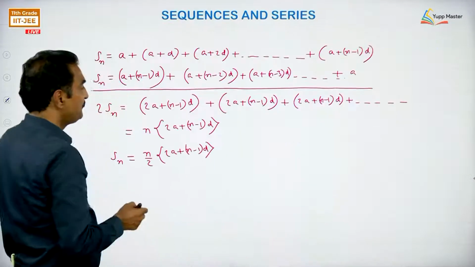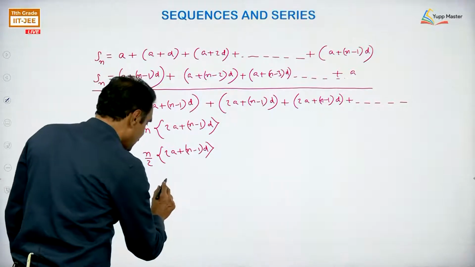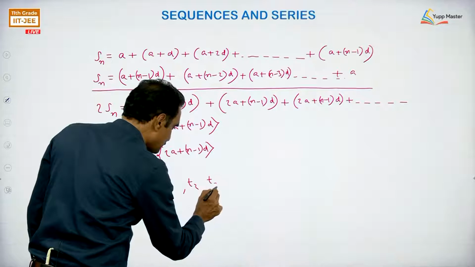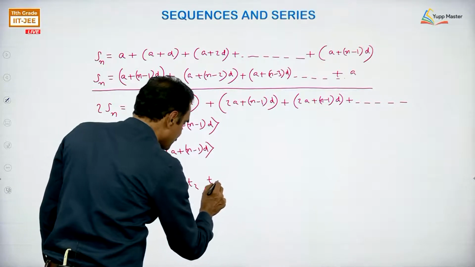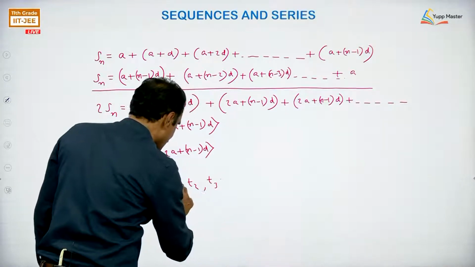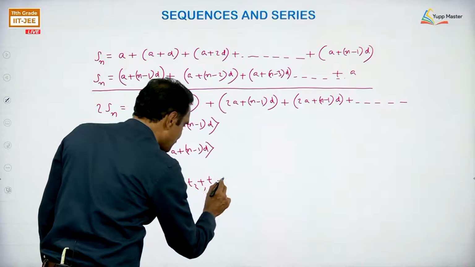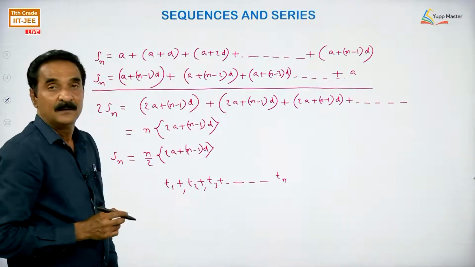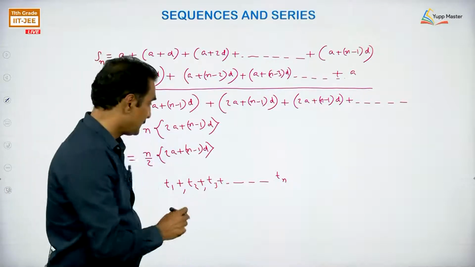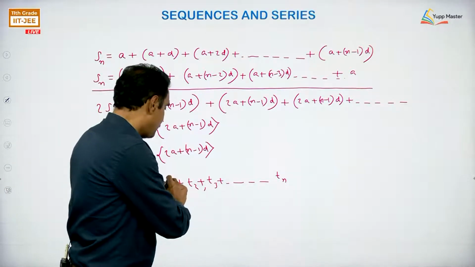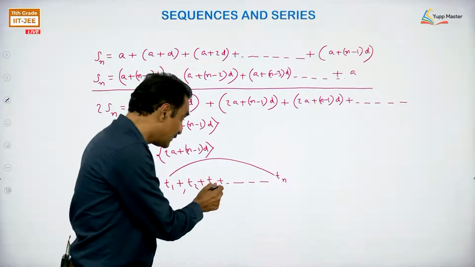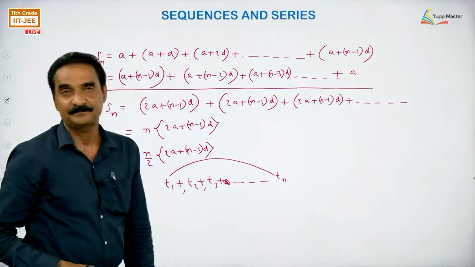If you take the AP as T1, T2, T3, T1 plus T2 plus T3 plus and so on Tn. You have to remember that the first term plus last term of the AP will be equal to the middle term of the AP.